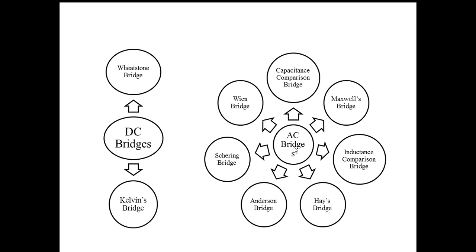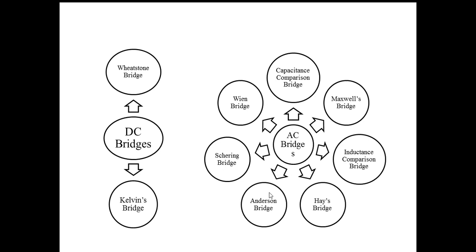Now RLC could be either series or parallel. Other than this, there could also be LC, inductive and capacitive. When LC is there, it acts as an oscillator, or at resonance, under the resonant condition.